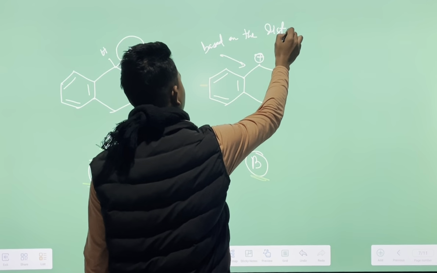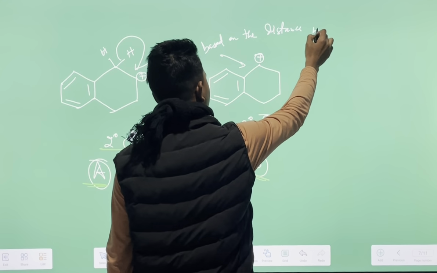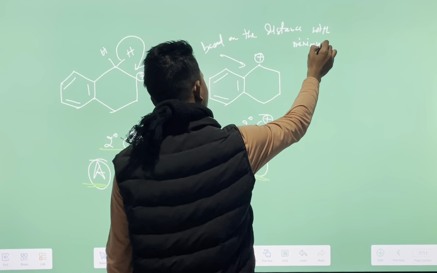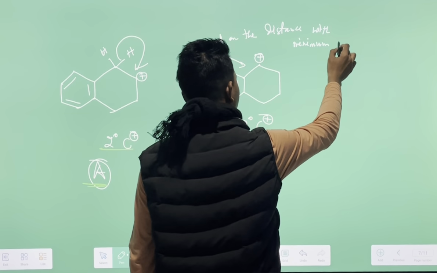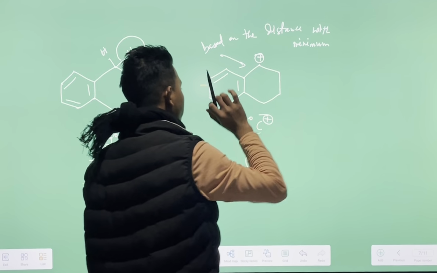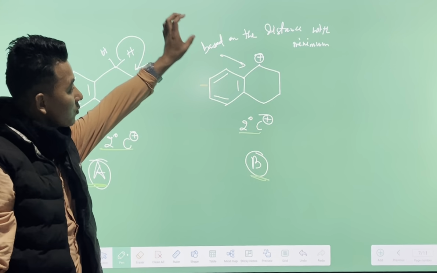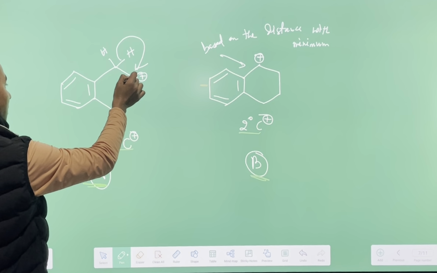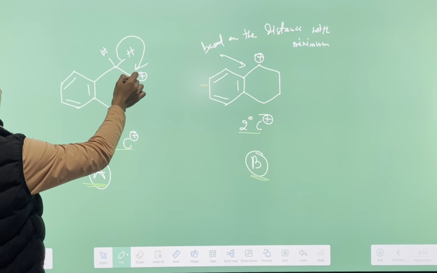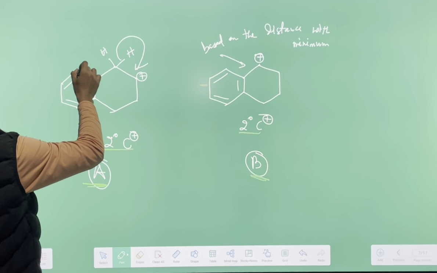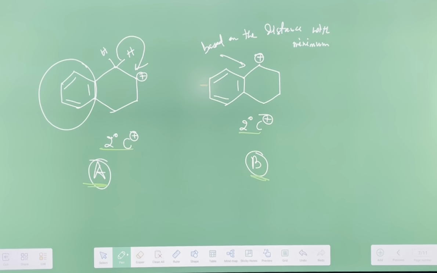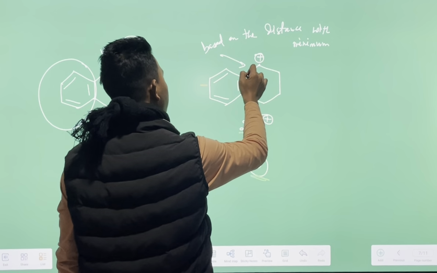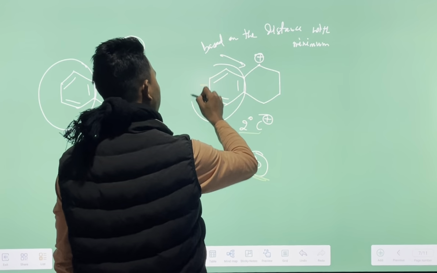distance with minimum distance to the more resonating structure compound. This carbocation is farthest from the benzene ring, and this carbocation has the minimum distance from the benzene ring.